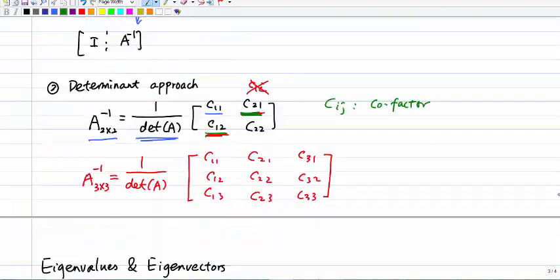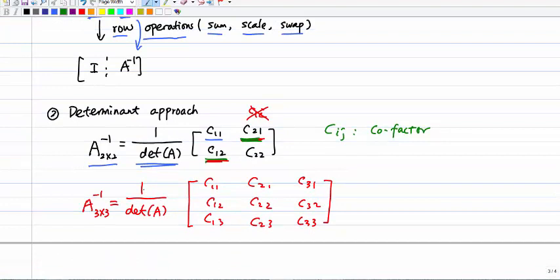For the 3x3 matrix, it's also 1 over the determinant of A times C11, C21, C31, C12, C13. You can see the order is transposed, right? The right order should be C11, C12, C13, if you remember how we defined that, but it's just a transpose of that.